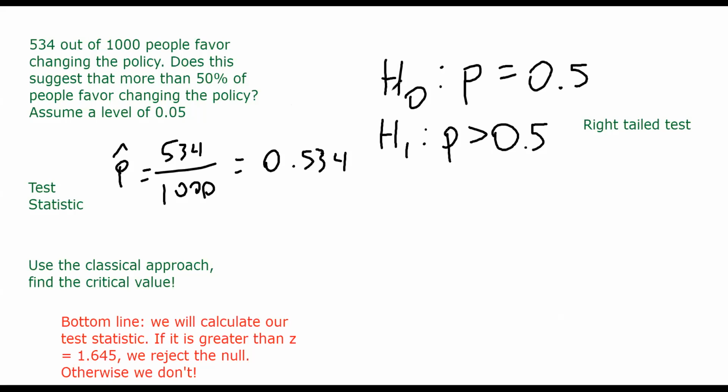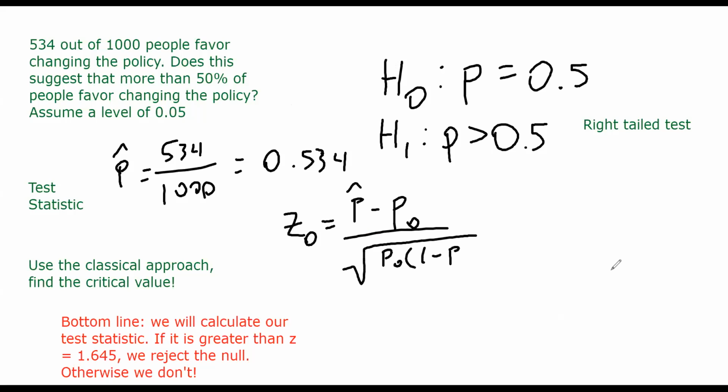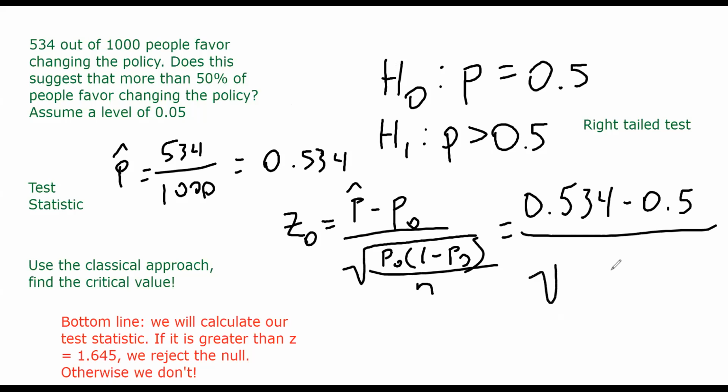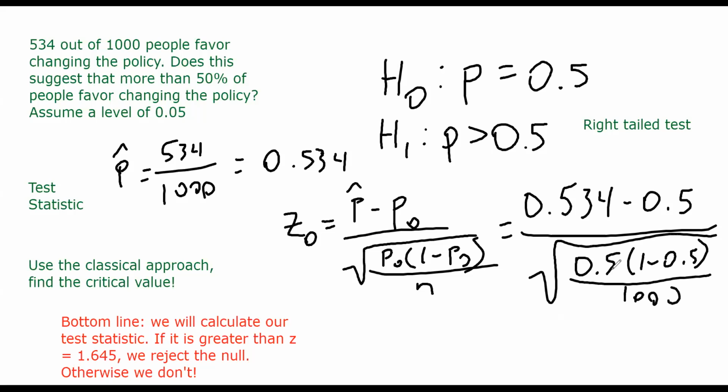So what we're going to do, we're going to calculate the test statistic here. That's going to be 0.534 minus 0.5 all over the square root of 0.5 times 1 minus 0.5 all over 1,000, inside the square root.